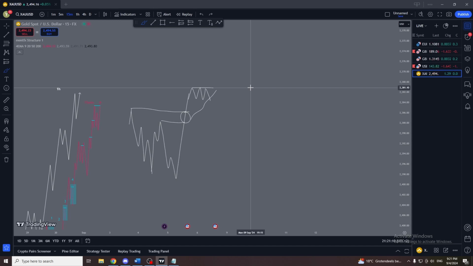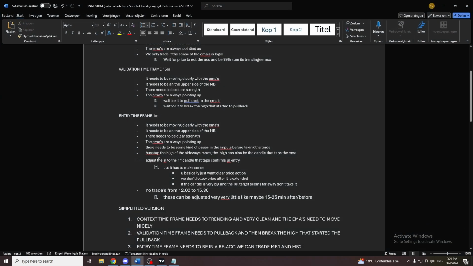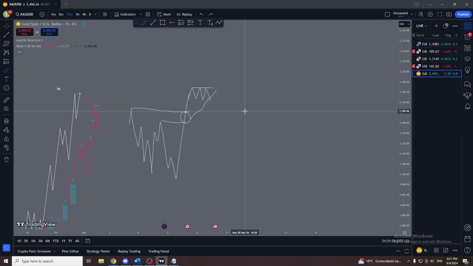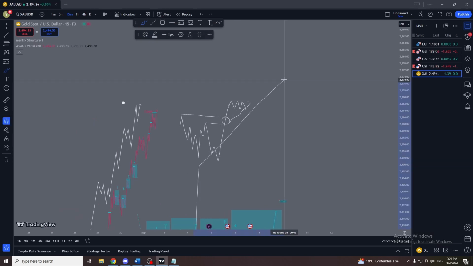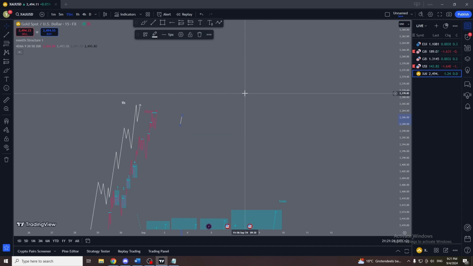Now, of course, there is a lot more to it, because otherwise I would not have written so many rules down. So let's talk about structure breaks. This goes a bit into the concept I was talking about on the 1 hour time frame with the structure rules I'm using.